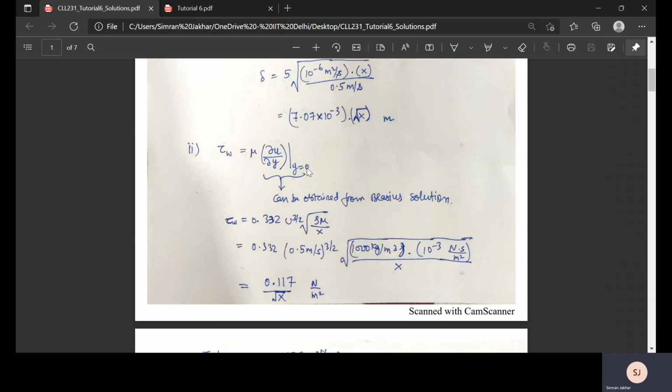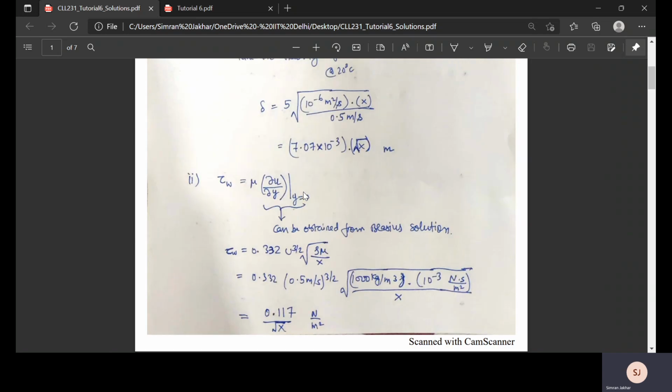So y will be equal to 0 because we have to find out at the wall. We can write the shear stress as mu times del u by del y.